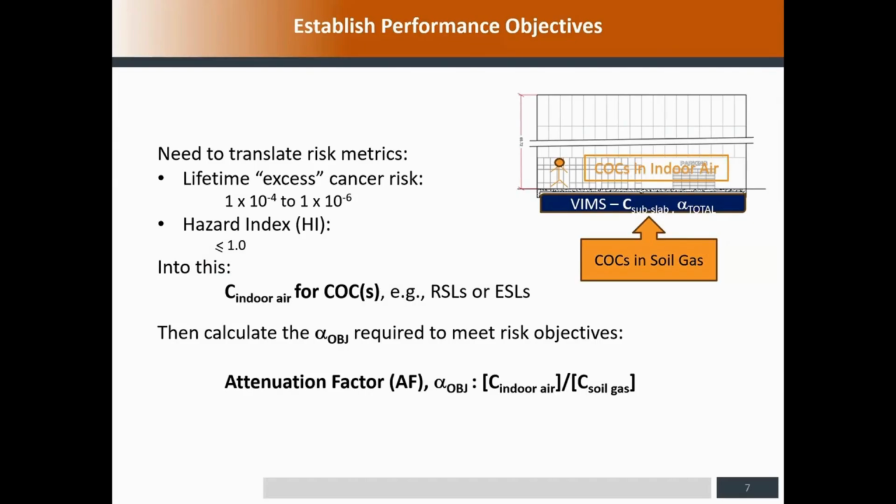So you have concentration in soil gas, which then presumably attenuates, dilutes a little bit in the gravel layer, and then your COCs need to get through your vapor mitigation system, the membrane as well, and then it encounters the concrete. So there are multiple steps along the way where the concentrations can be attenuated. But the gross attenuation captures all of that. So indoor air concentration to soil gas.